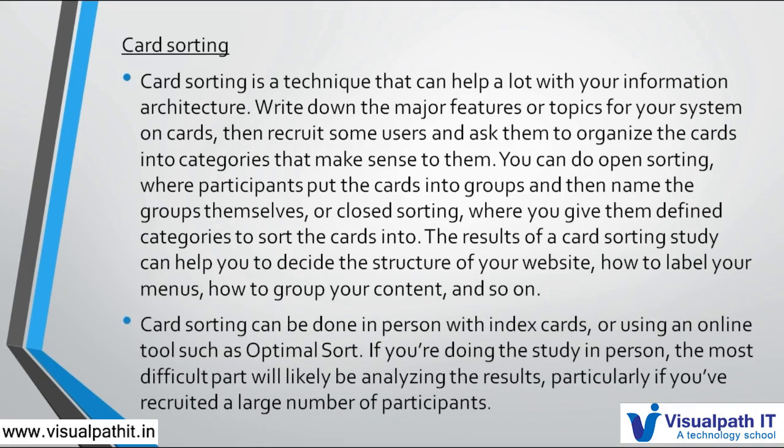Card sorting can be done in person with index cards, or using an online tool such as OptimalSort. If you are doing the study in person, the most difficult part will likely be analyzing the results, particularly if you have recruited a large number of participants.